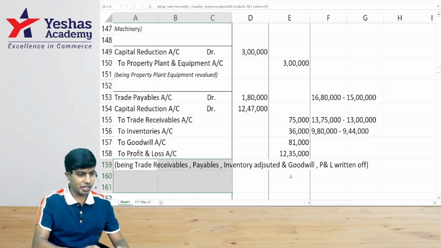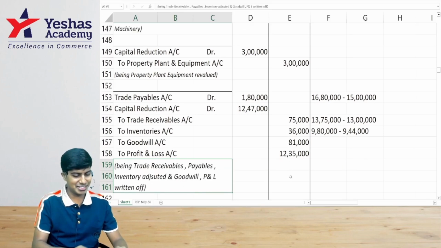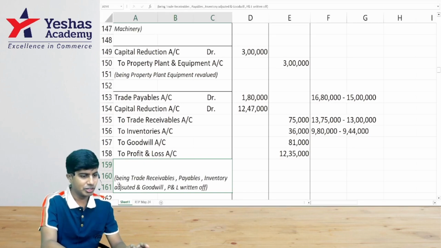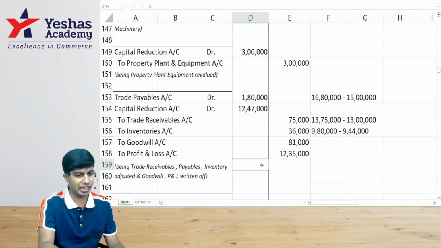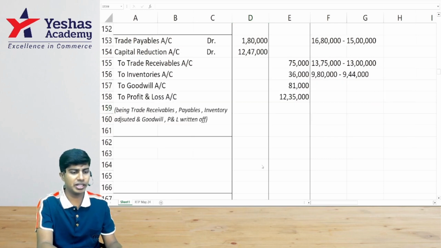Writing narration is important. Narration being right is not important. It doesn't have to be grammatically correct or something, but writing narration is important. Don't skip writing narration. Write it in your own language in a simple way. That should do. Done with this adjustment, then come to the next line.